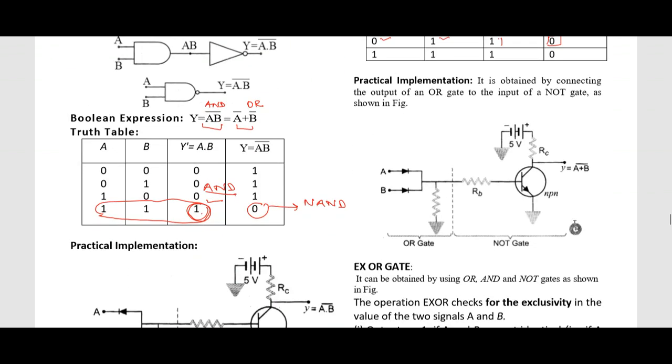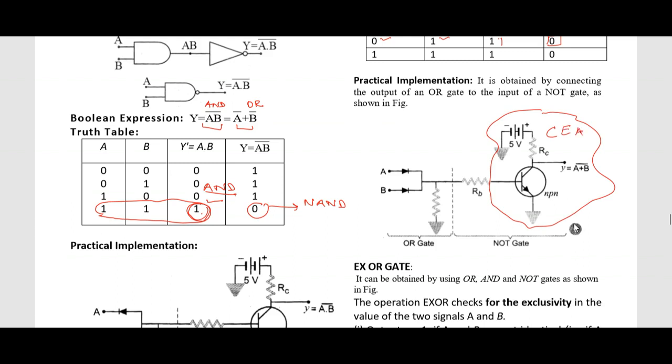Now here they have shown it through a practical implementation by making use of NOR gate. So as we have already done, this circuit is common emitter amplifier. This much of the circuit is common emitter amplifier.